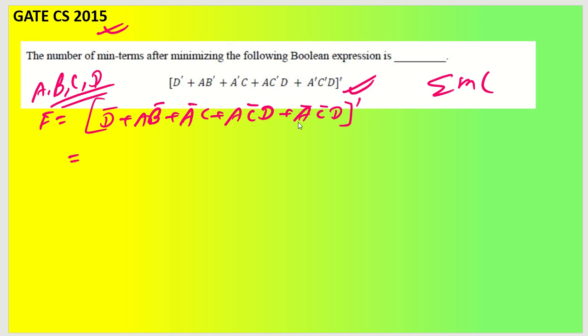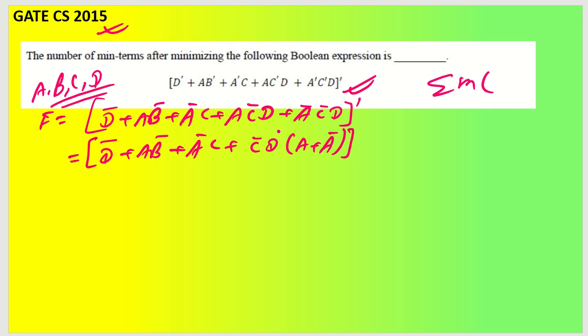So A plus A bar will remain, which becomes 1. So I can write it simply as D bar plus A B bar plus A bar C plus C bar D multiplied by A plus A bar, which gives me 1. So we have just C bar D.